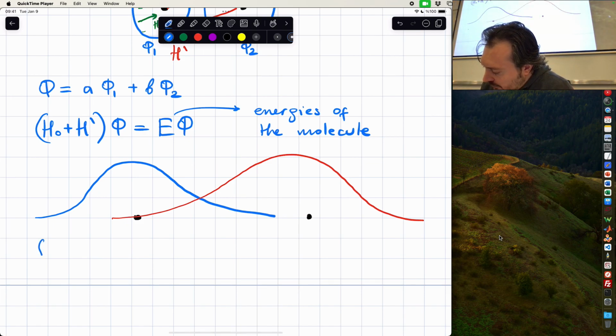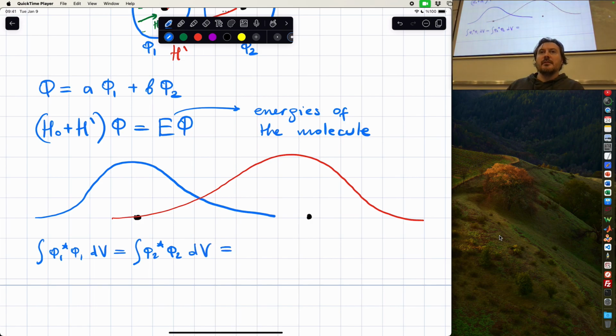First assumption, you already know this. The integral of phi 1 star phi 1 over the volume is equal to the integral of phi 2 star phi 2 over the volume. And what do you think this is? Anyone?